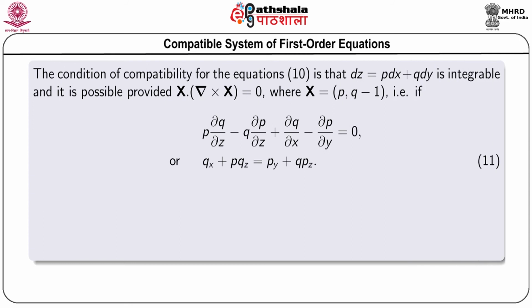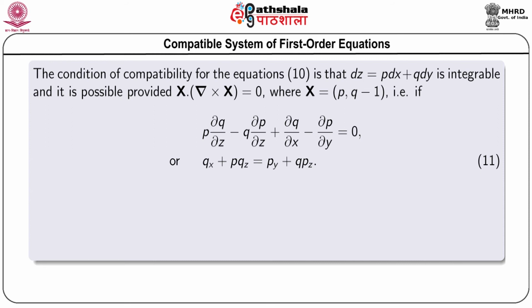The condition of compatibility of equation 12 is that dz equals p dx plus q dy is integrable, and it is possible provided it satisfies the sufficient condition of integrability, that means X dot curl of X equals 0, where capital X is (P, Q, minus 1).